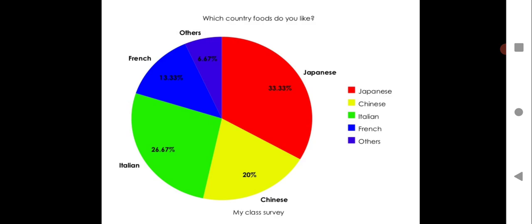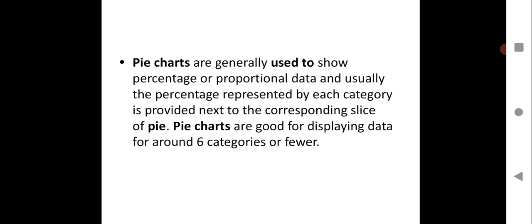So this is the class survey done. You can depict it by pie chart. So pie charts are generally used to show percentage or proportional data, and usually the percentage represented by each category is provided next to the corresponding slice of the pie. Pie charts are good for displaying data for around 6 categories.